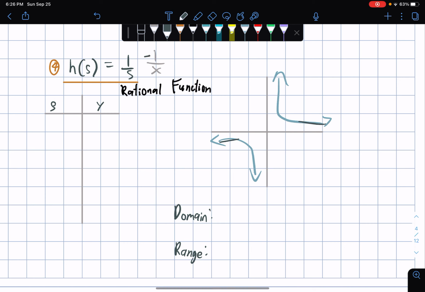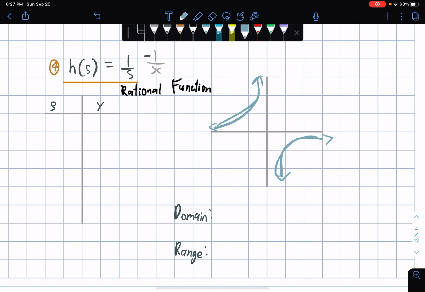That also goes if the rational function is negative. So basically, if a rational function is negative, the graph would look like this. And these curves will never reach 0 on the x-axis, or on this line. But in this particular problem, this is what our graph would look like.